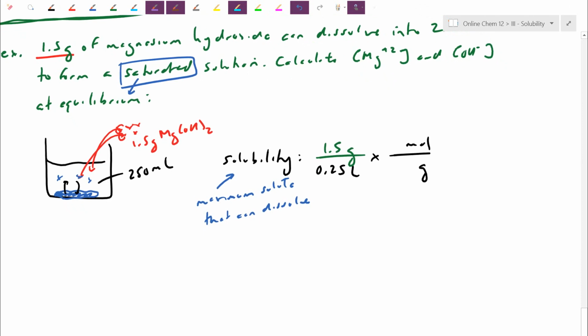So they might first ask you to calculate the molar solubility. Again, going to your trusty periodic table here, magnesium is 24.3 plus twice, oxygen is 16 plus the 1. So we get 58.3, coincidentally very similar to the molar mass from earlier, but you just add it up for the salt that you're given. 1.5 divided by 0.25 divided by 58.3.